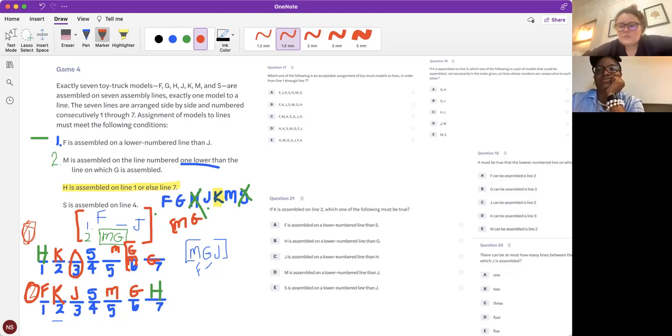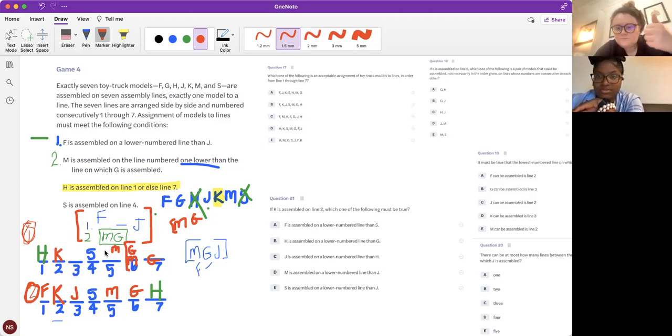We know what letter goes in 3. I guess what I'm trying to get at is we do know for certain who goes in 3, because we know it can't be M, it can't be G, and it can't be maybe F. Okay, what letters are left?